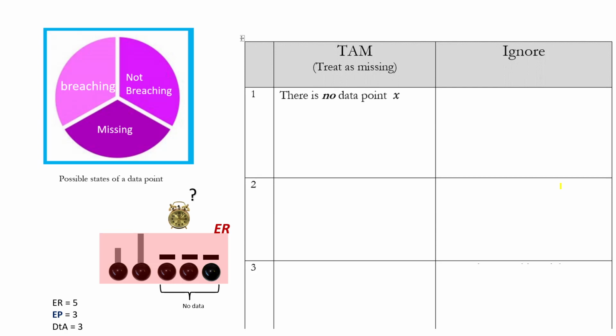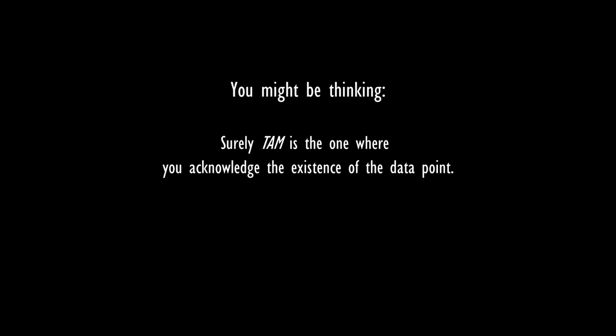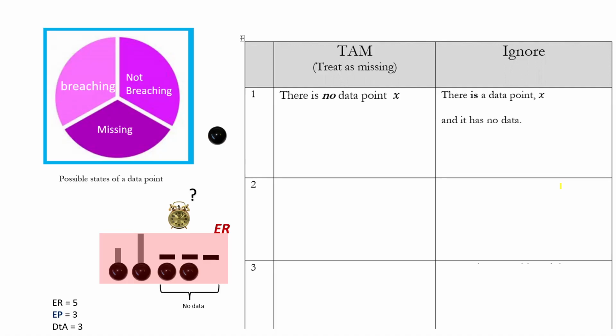So we might say that with treating data as missing, it's as if there's no data point, so it's not even on the pie chart, it's not in any of the categories, whereas with ignore, we're saying there is a data point, it's just that it has no data. So it is in that category.